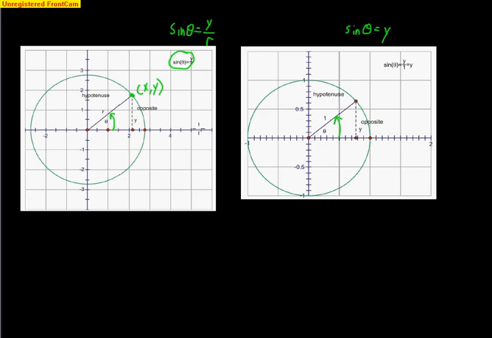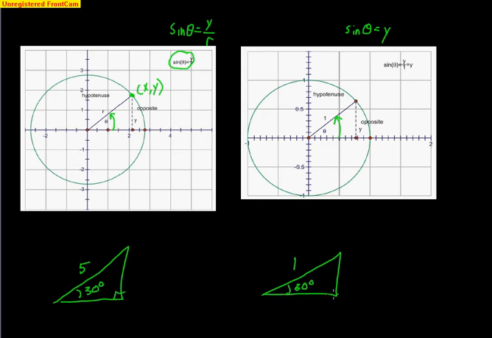Now I want you to understand that this ratio of y over r is the same thing as just y. That's because the angle doesn't care how long the radius is. So let's take a brief little sidestep here. If we're talking about a 30-degree angle with a radius of 5, or a 30-degree angle with a radius of 1, hence the unit circle, right?